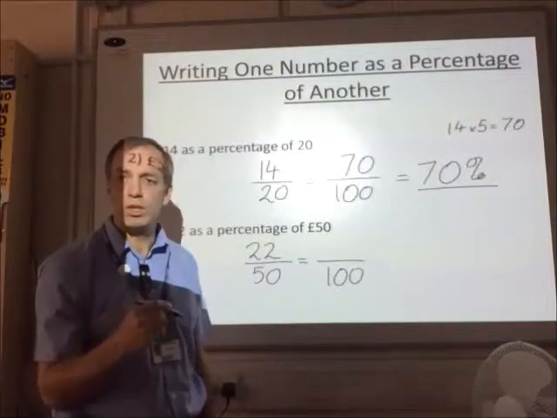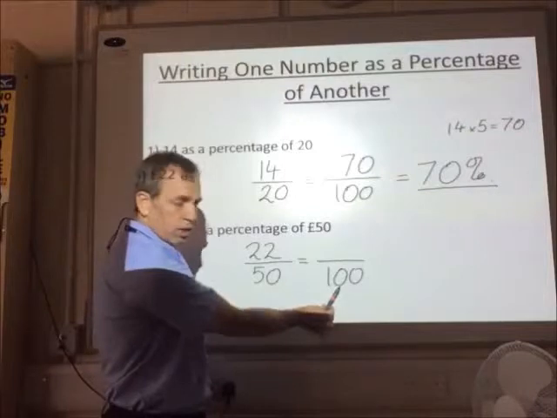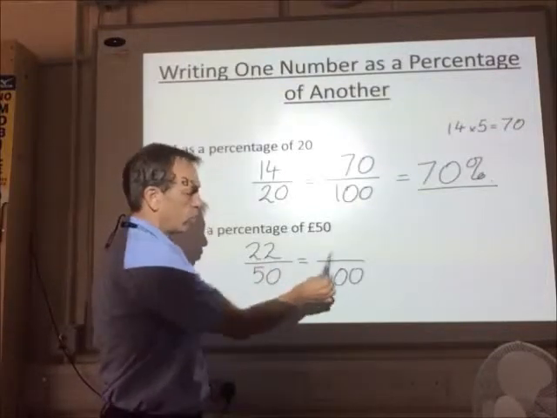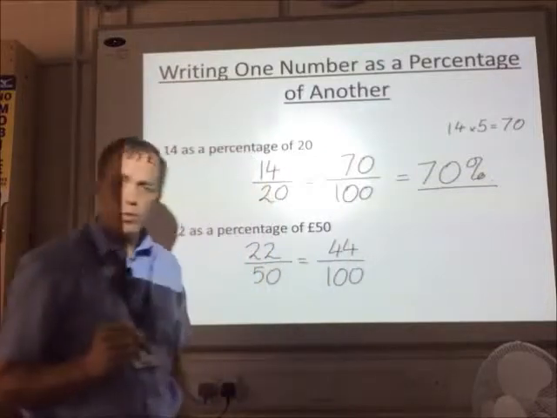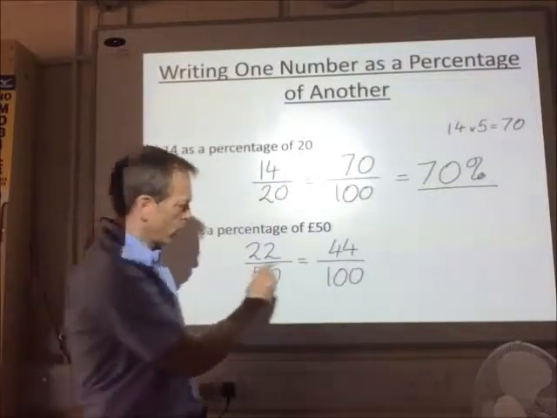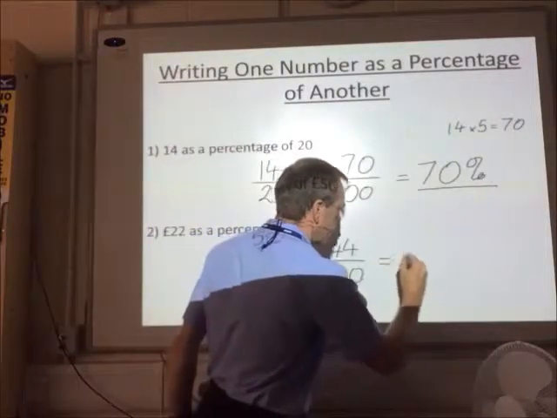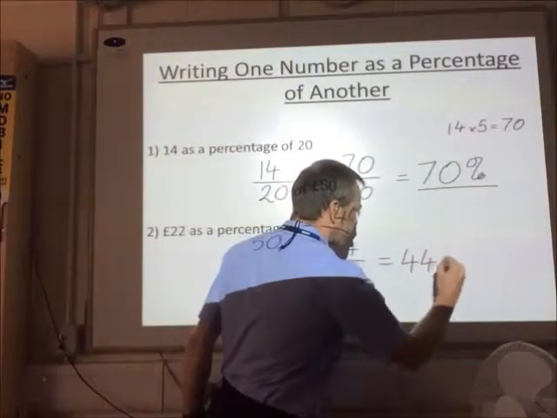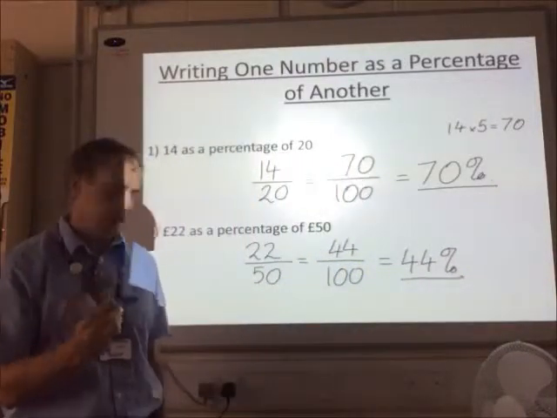Well, 50 goes into 100 2 times. So multiply 50 by 2 gives me 100. Multiply 22 by 2 gives me 44. So now I've got 44 out of 100. I can write down my answer because it's out of 100.